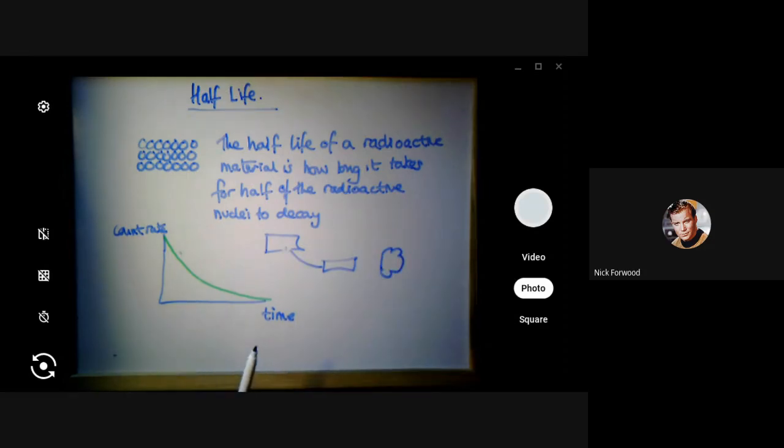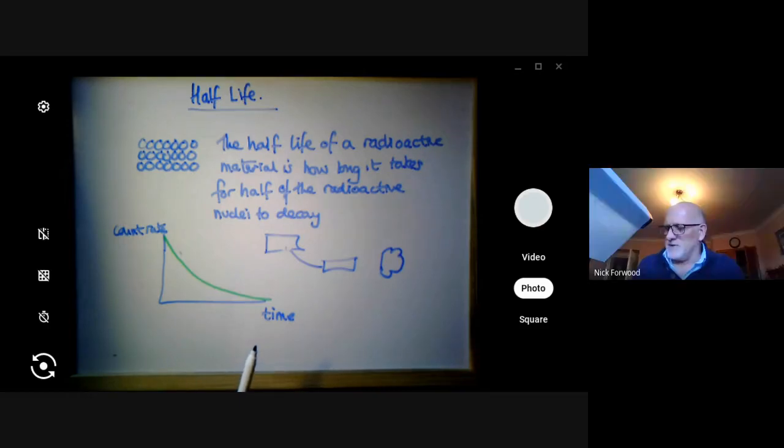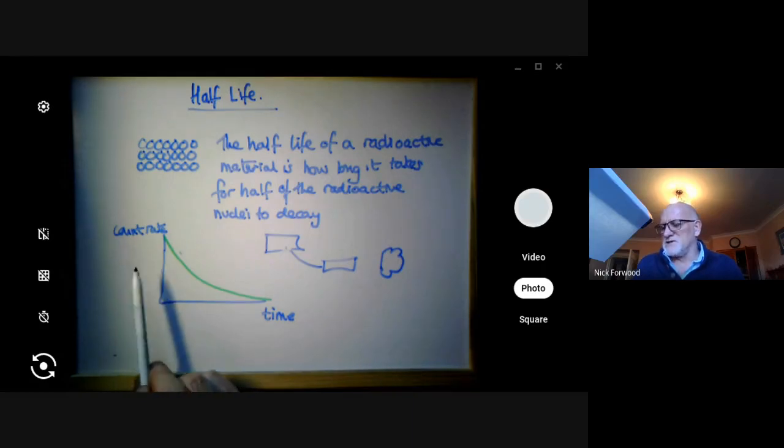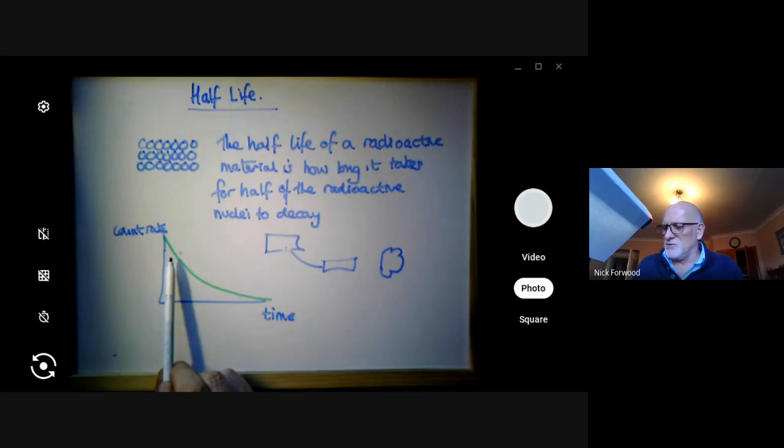So right at the start of an experiment, you'd expect to get lots and lots of counts, which you could record, write down a number and put on a graph. A bit later on, say 10 seconds later, we'd expect some of those nuclei to have decayed, and we're left with less. And then after another 10 seconds, we can record the count rate again, and so on and so on.